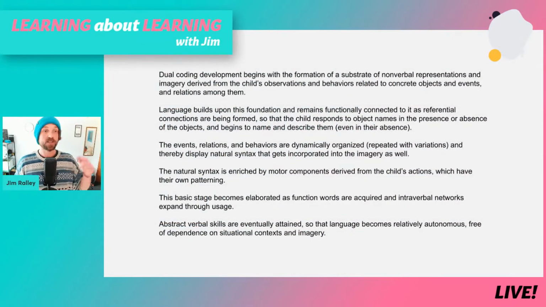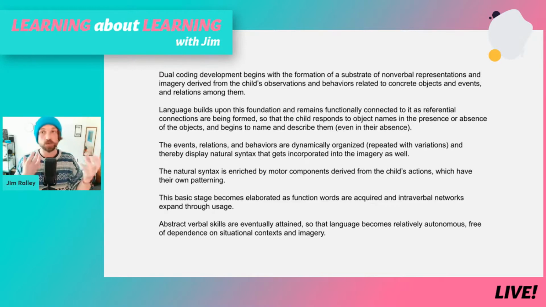So dual coding development begins with the formation of a substrate of nonverbal representations and imagery derived from the child's observations and behaviors related to concrete objects and events and relations among them.